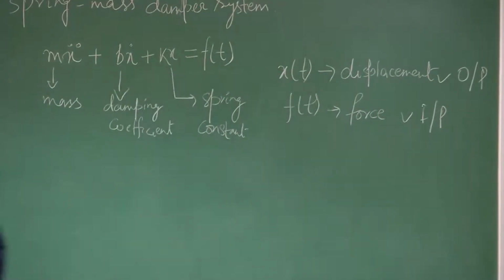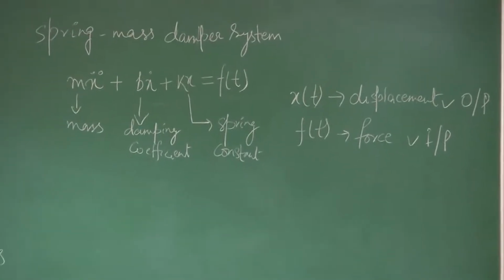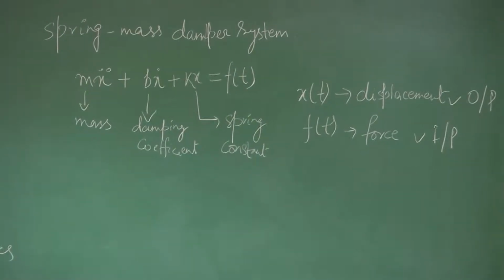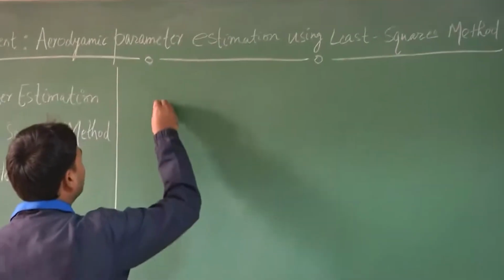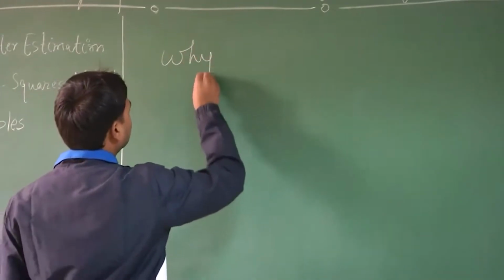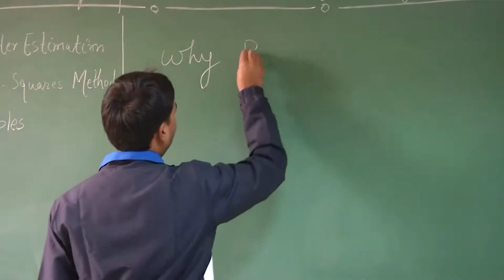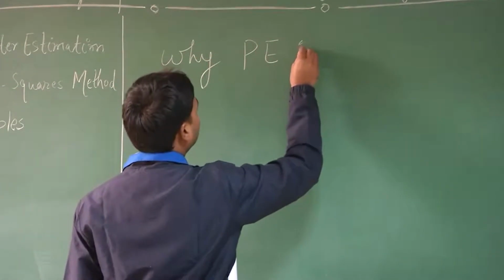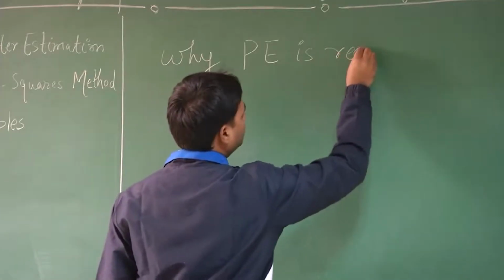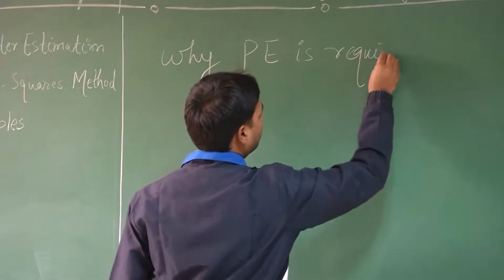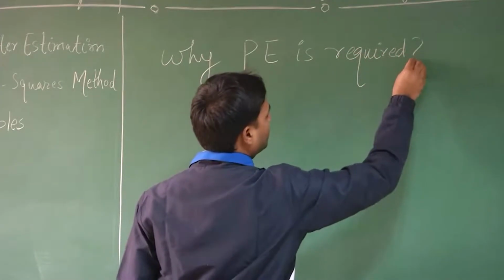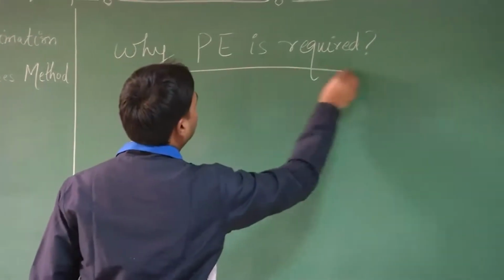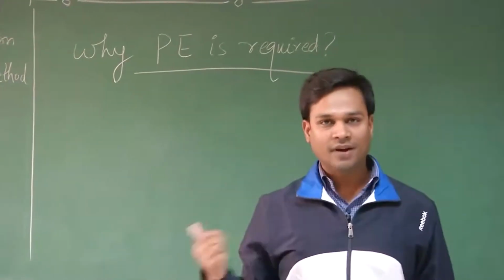And now next thing comes, why do you need parameter estimation? So this was about what is parameter estimation. So next thing comes why parameter estimation. Let's write PE is required. Okay. What is the motivation behind parameter estimation?